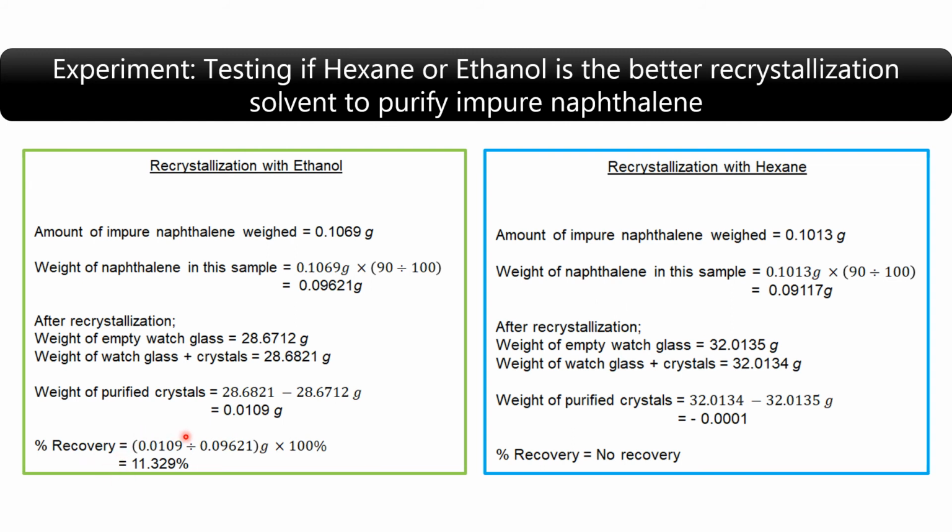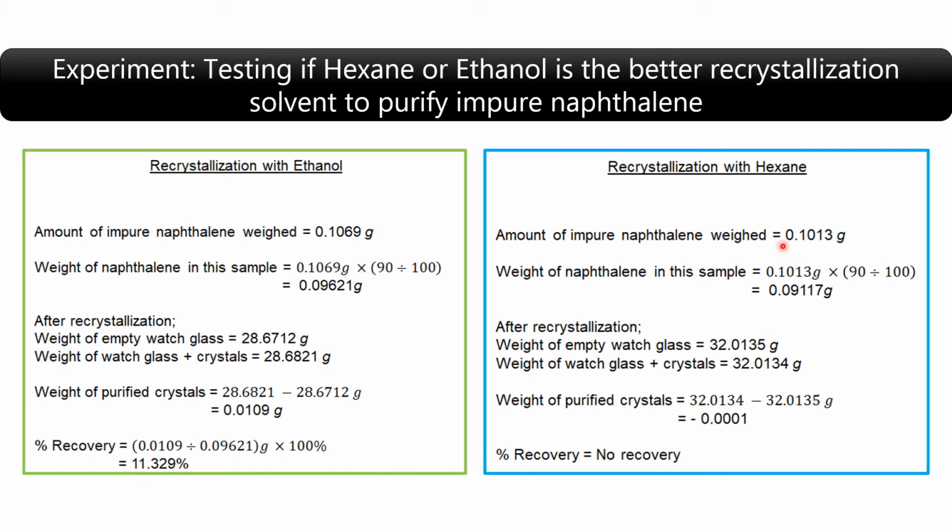By dividing that by the estimated amount of naphthalene in the initial sample times 100, we can get the percent recovery of pure naphthalene when we use ethanol as the recrystallization solvent. So you can see it's not very high, but let's compare it with the data from the recrystallization with hexane.